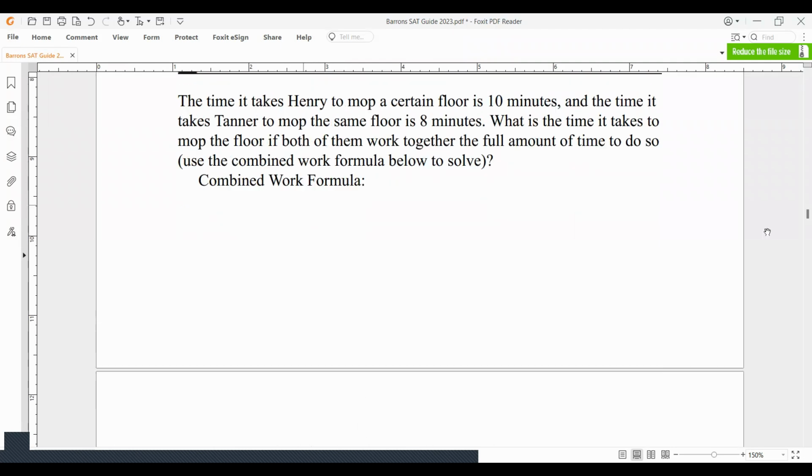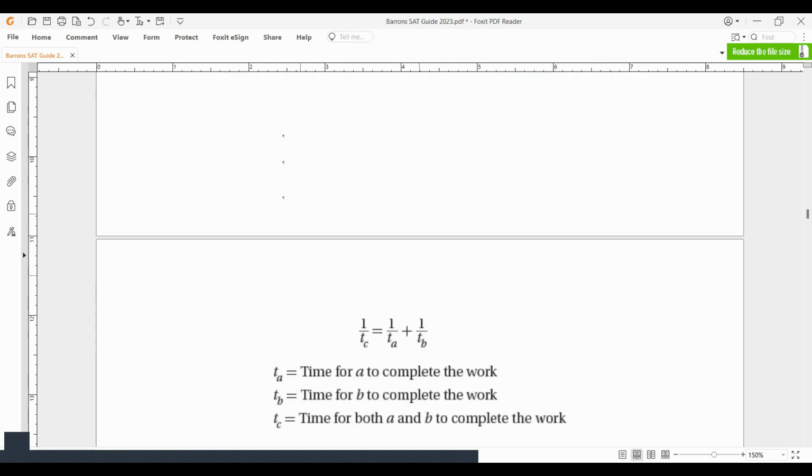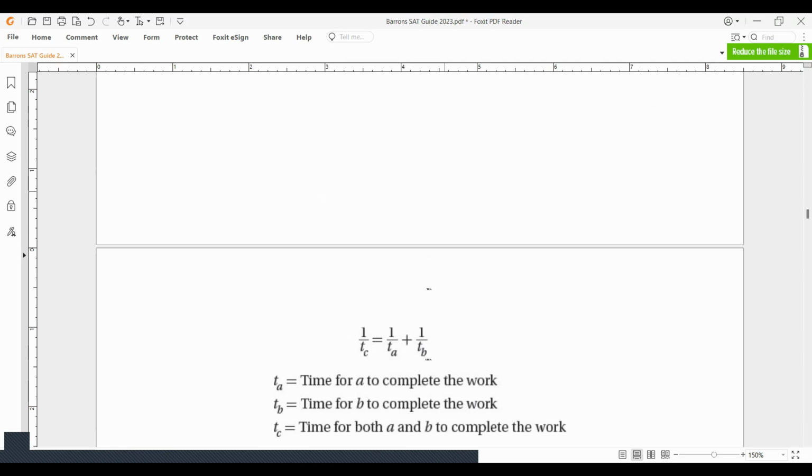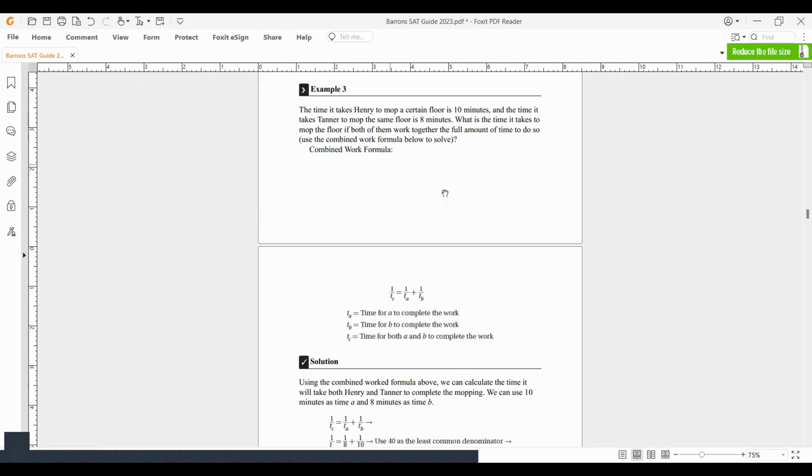Okay, so the combined work formula is given by this. This is basically the problem that we are just talking about. They have given the statement, and they have also given the combined work formula.